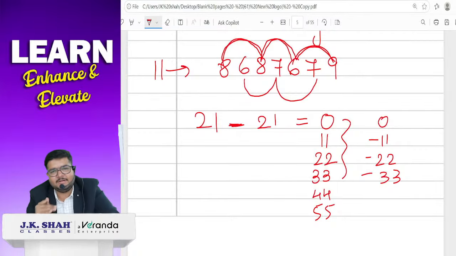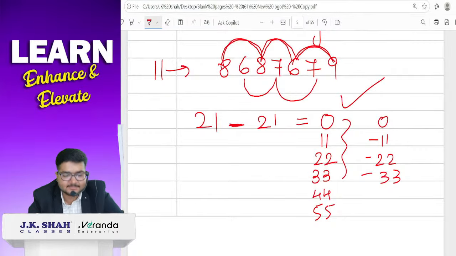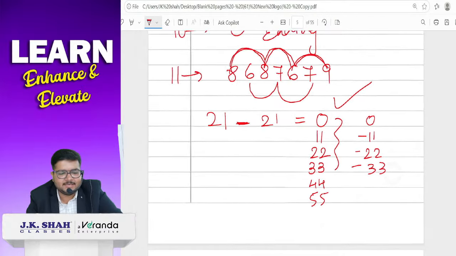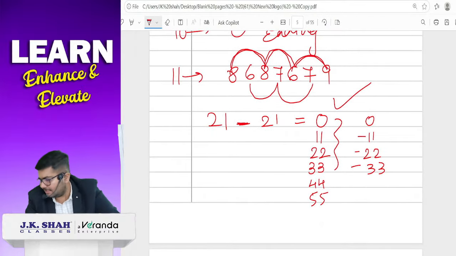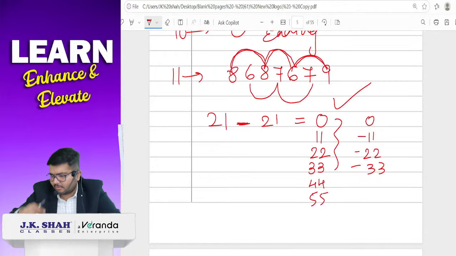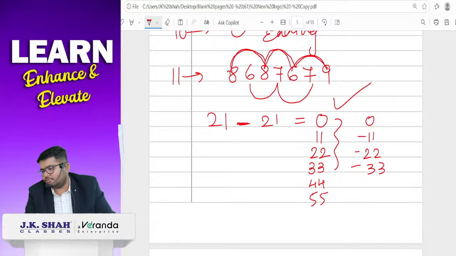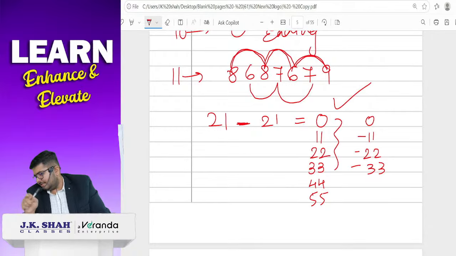If you get 0, 11, 22, 33, then it is divisible, otherwise it is not divisible. Very clear to you all. Add all the alternate digits, add the other alternate digits, now subtract both of them. If the answer is 0, 11, 22, 33, then it is divisible, otherwise it is not divisible.